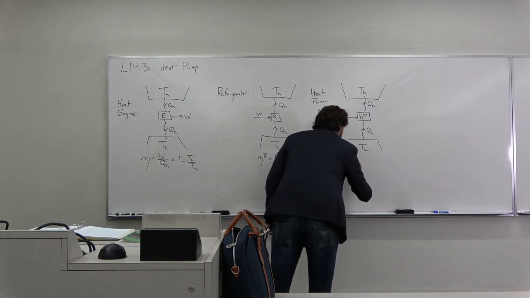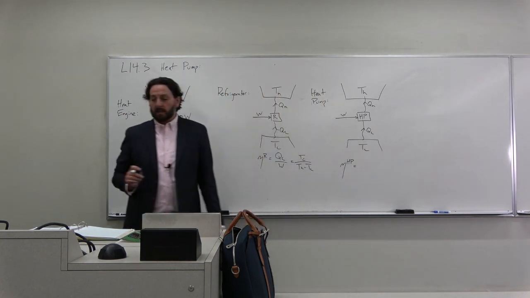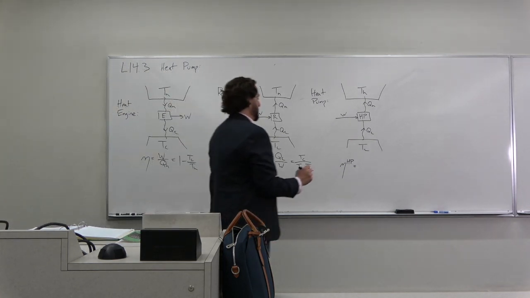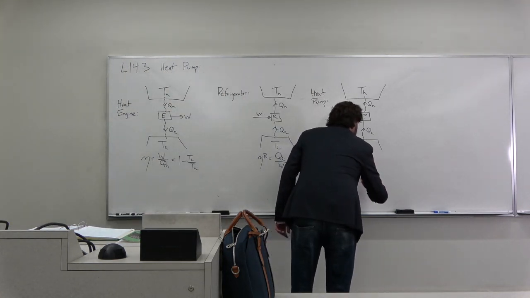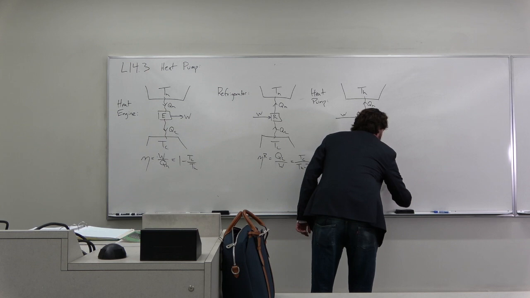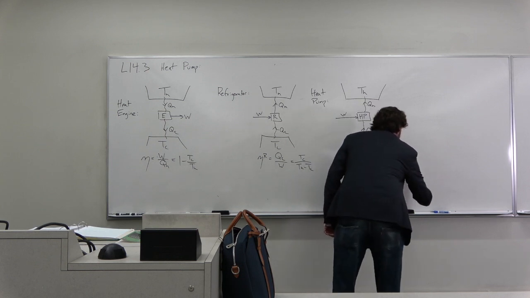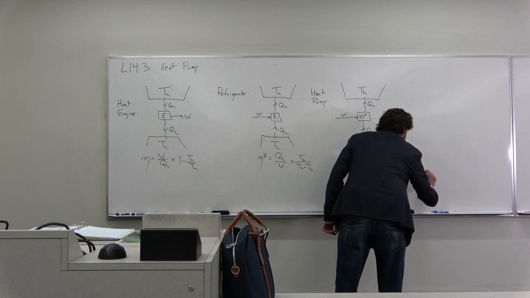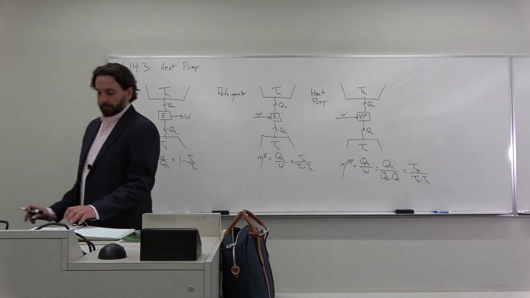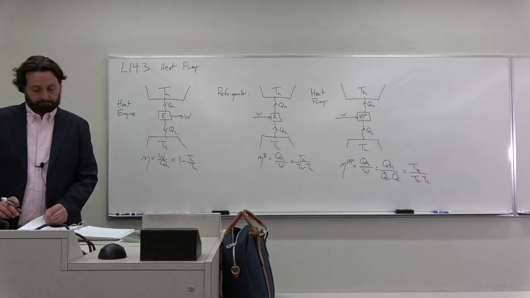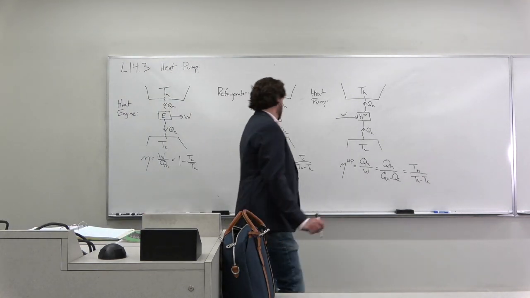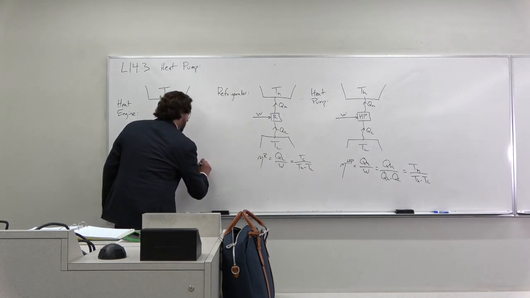Okay, so how do we think about the coefficient of performance of a heat pump? Well, what do we want out? We want out as much heat as possible, right? But we're putting in work. So this is going to be QH over QH minus QC, or TH over TH minus TC. Okay, so again, this is always less than or equal to 1.